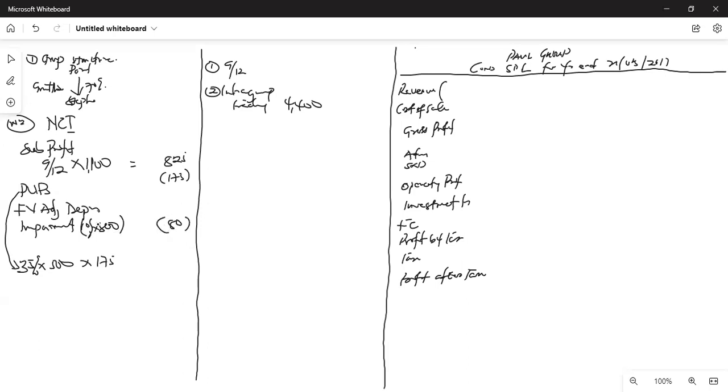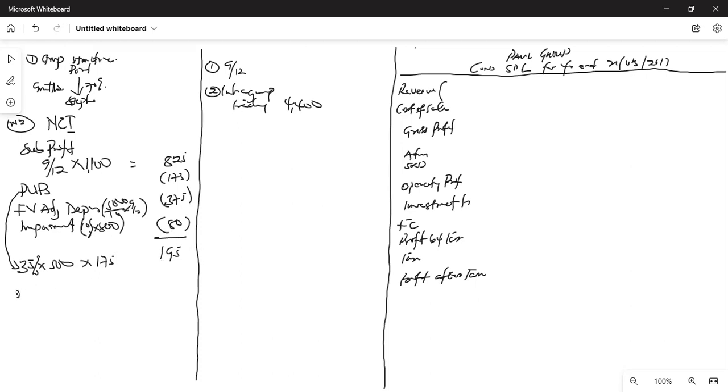Fair value adjustment. Don't forget, we had 5,000 for 10 years multiplied by 9/12. Okay, don't forget it. And that one too will be how much? 375. If you take everything off, how much are you earning here? 195.